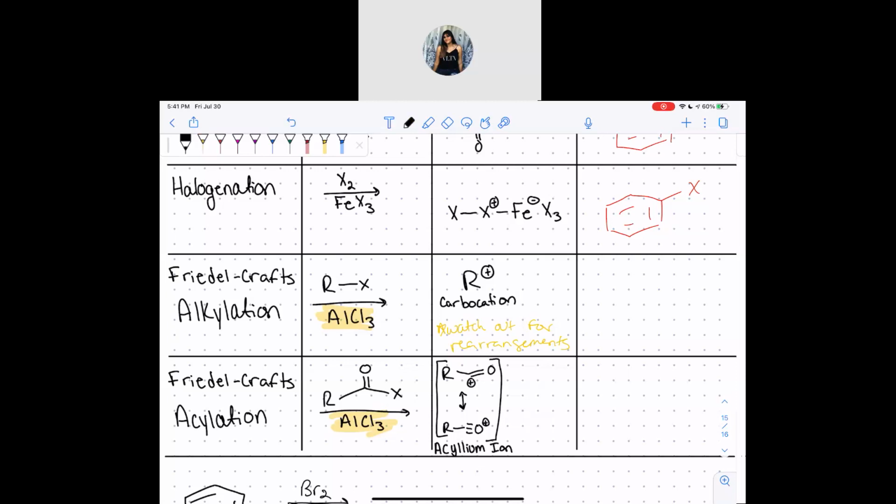And the final product will look like so. And the note here is can have polysubstitutions.